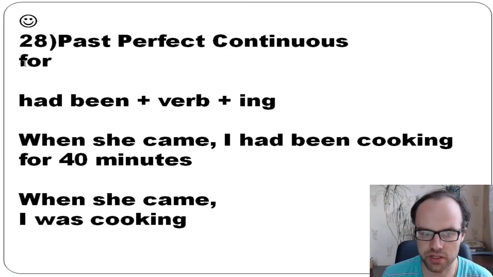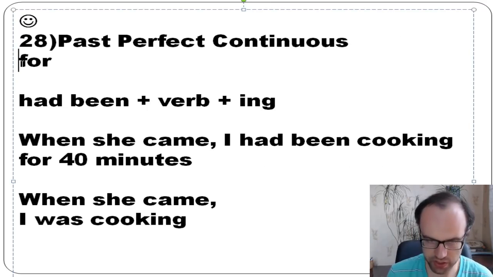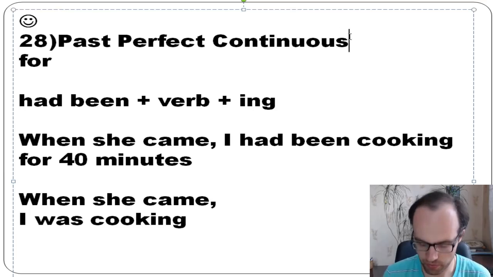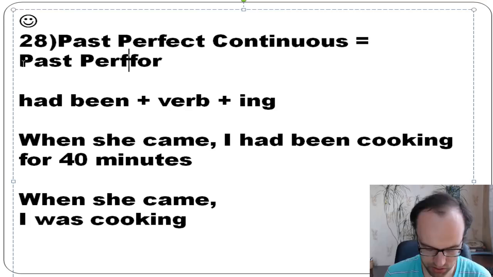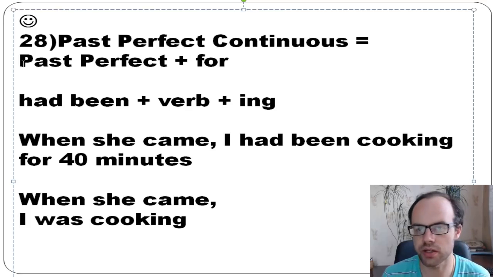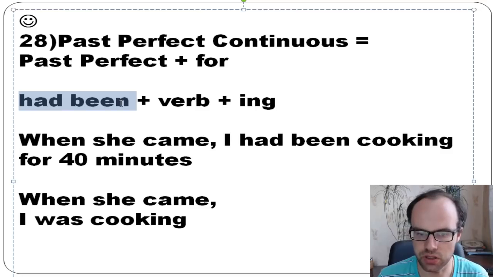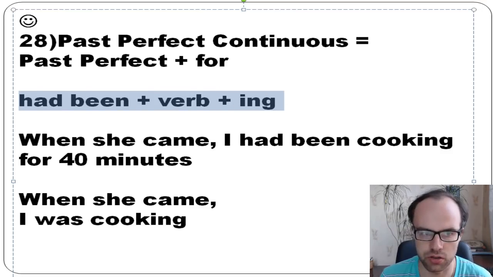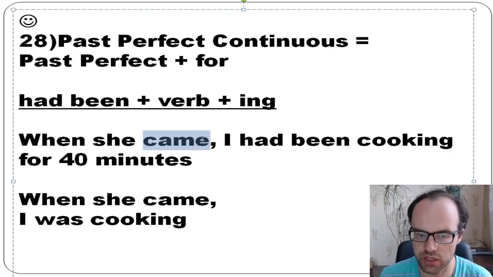Well, past perfect continuous. So what is past perfect continuous? It's past perfect plus for, okay? So had been plus verb plus ing. Look, when she came, it's past simple.